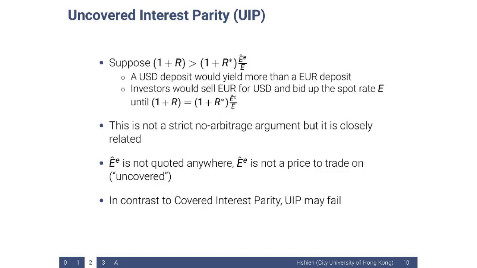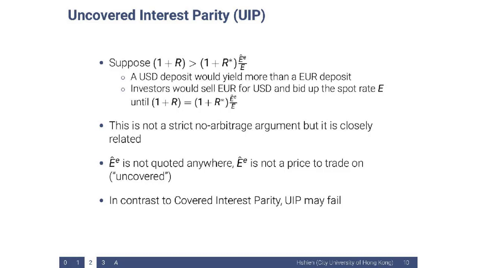But for carry traders, we're not talking about arbitrage here. We're talking about averages. He's betting that on average he can still make some money. So the mechanism that restores UIP is more like an average argument rather than a mechanical argument.